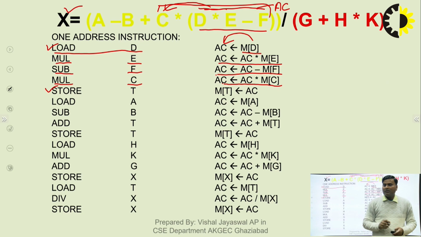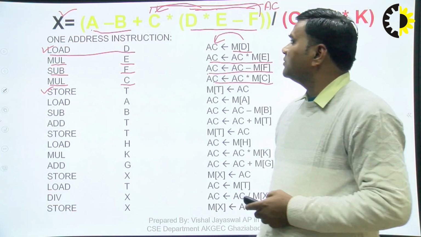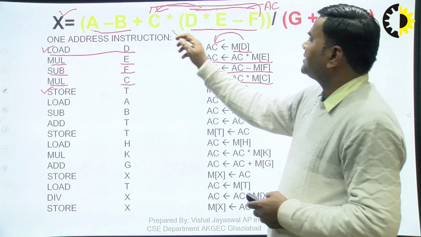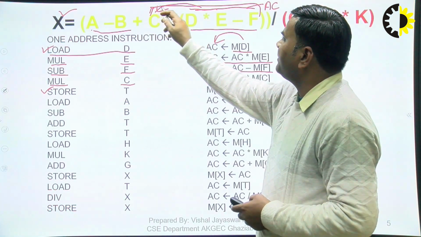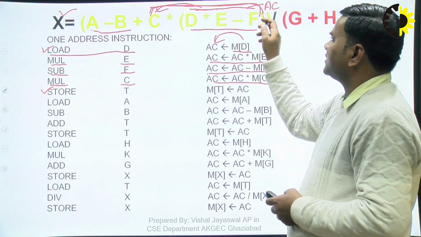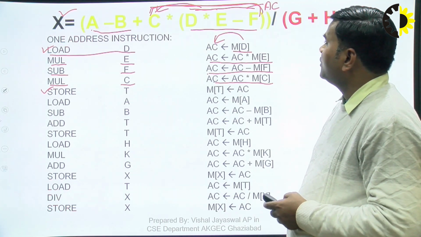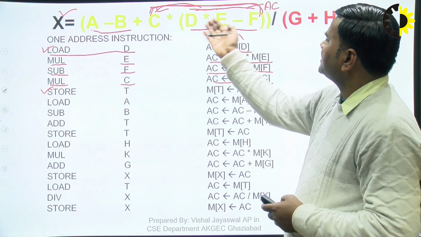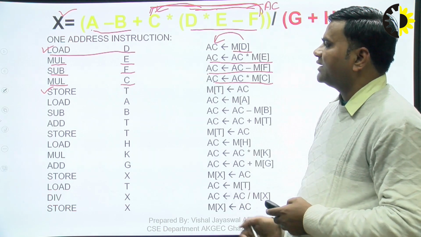After that we have to solve this A minus B part, and for solving it we have to store this intermediate result in a safe location.